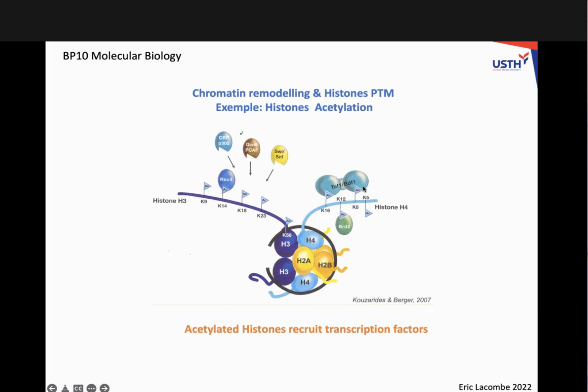Okay, so that's a kind of summary for the histone acetylation. This is another way to see things. In this drawing, you've got the core of the nucleosome. This is the H3. This is H4, the N-terminal end. You see the different amino acids that can have post-translational modification, for H4 on the right and H3 on the left.